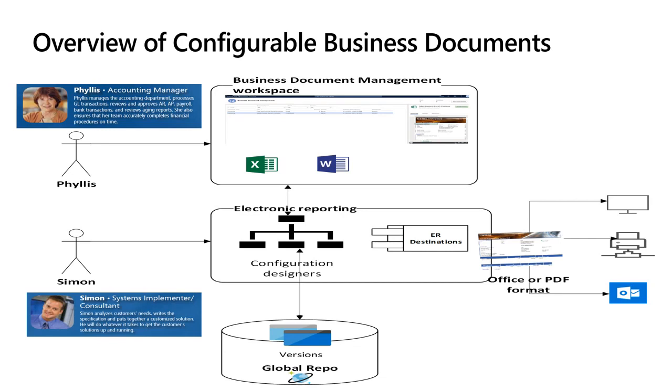Simon can do a lot of additional things, like configure electronic reporting destinations, or send the template which Phyllis has prepared to a D365 printer, etc. He is also responsible for storing all the completed templates in the global repository, our service for storing configurations, or in LCS in a special GER asset type.